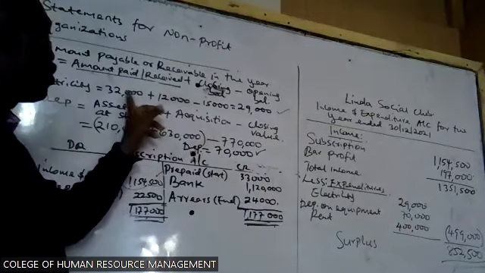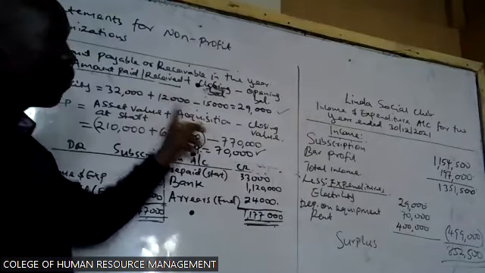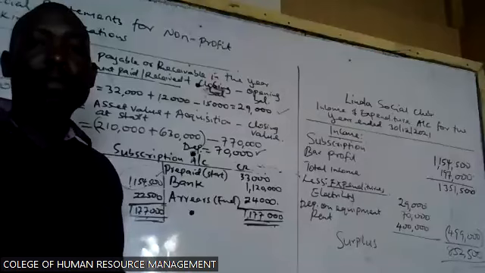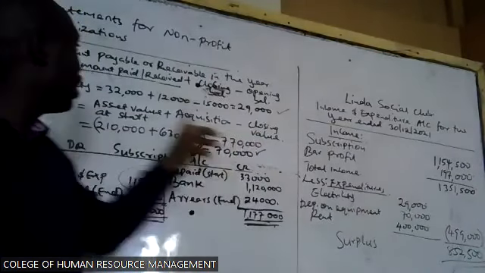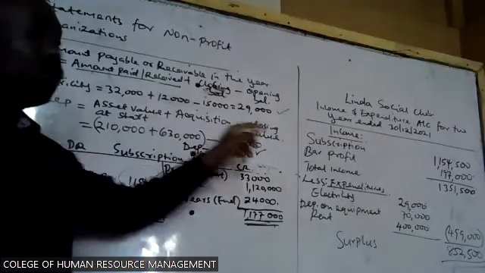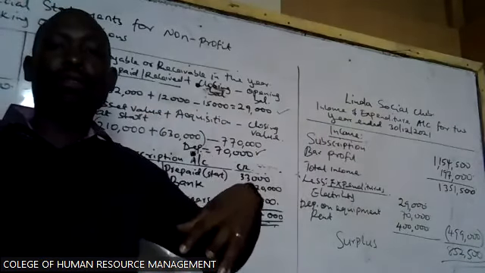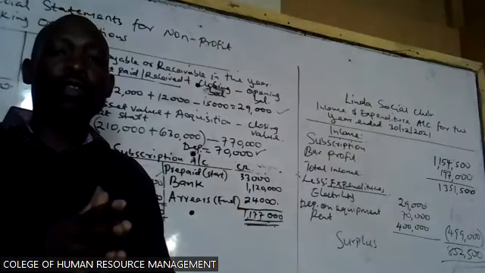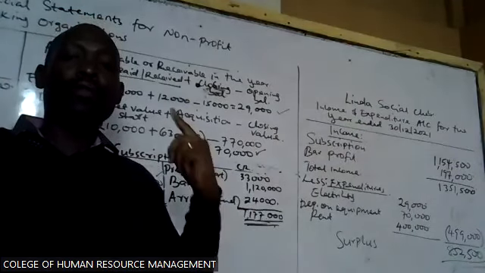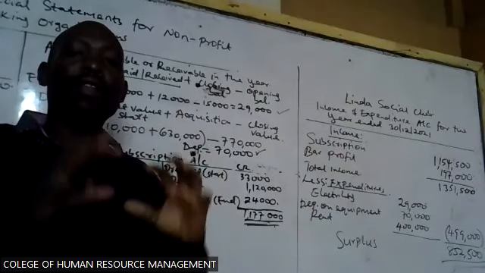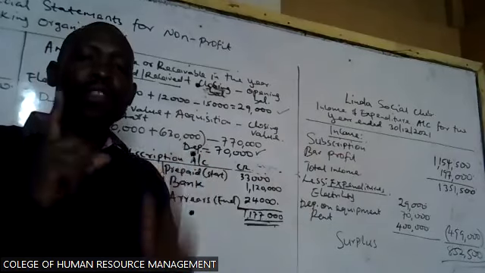So we take the amount that was paid, we add 12,000 for this year that has not been paid, then we minus the 15,000 for last year. Because in this payment, the 15,000 is for last year, so it is not for this year. So we add what is for this year, which is the closing balance. We minus what is not for this year, which is for the previous year, so that we can get the total amount here for this year.